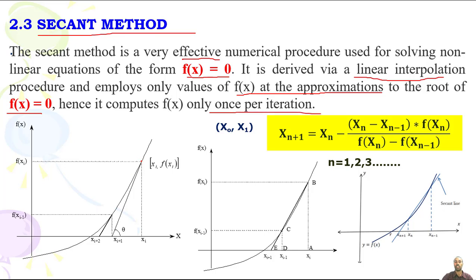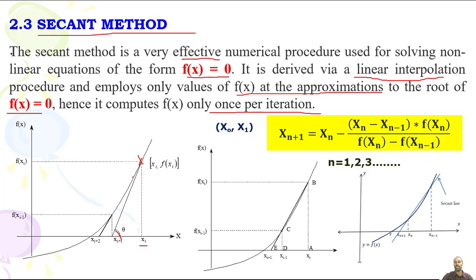You can see here, for example, if you have theta, then you have xi and f of xi. Clear? If this is xi, then you are going in this direction, xi plus 1. So tan theta is here: the difference of this one divided by this one. You are approaching the same secant line.